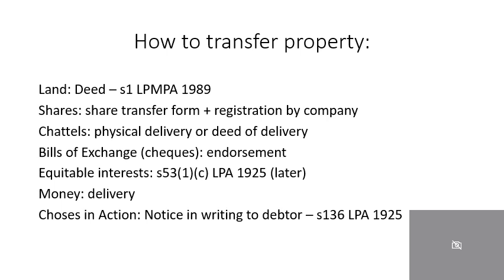Okay, a chose in action. If you had a chose in action, how do you actually transfer it? Well, you give notice in writing to the debtor. What is a chose in action? A classic example, the only one really that you'll come across in this module, is a debt.